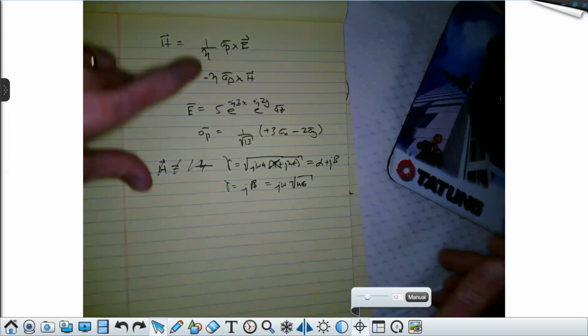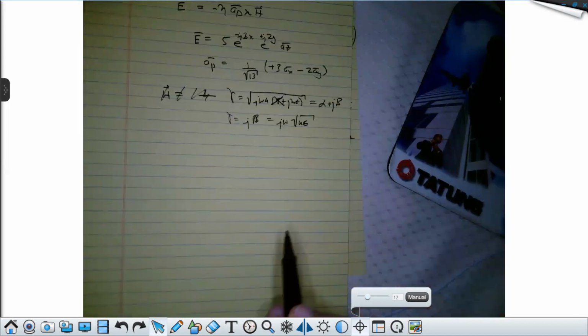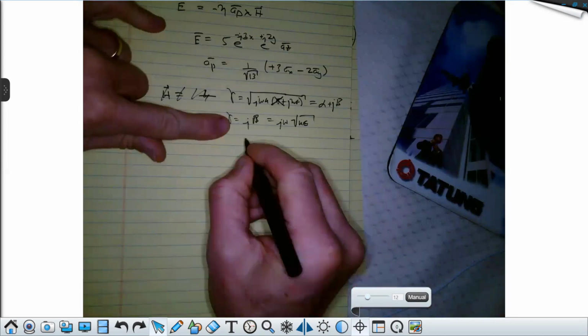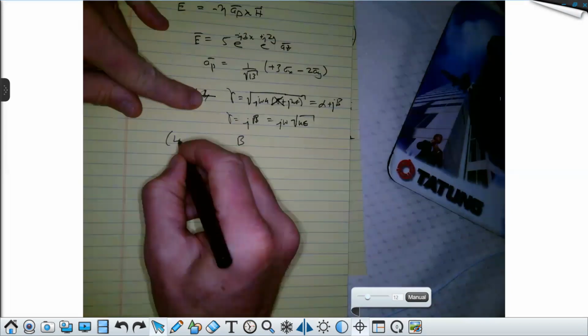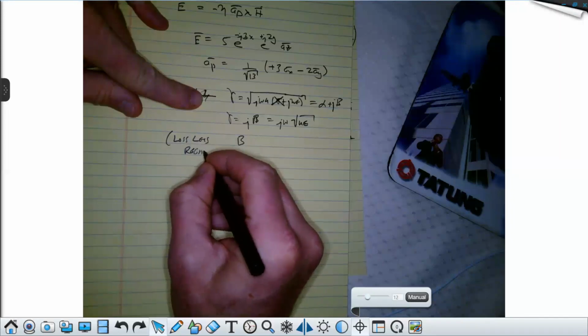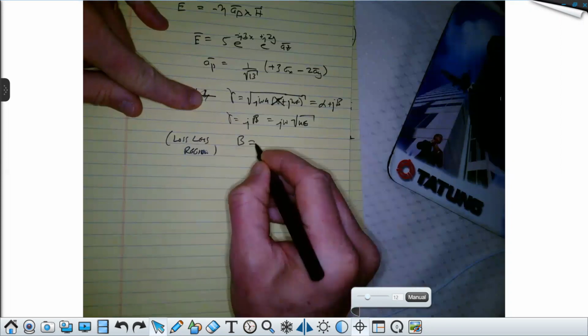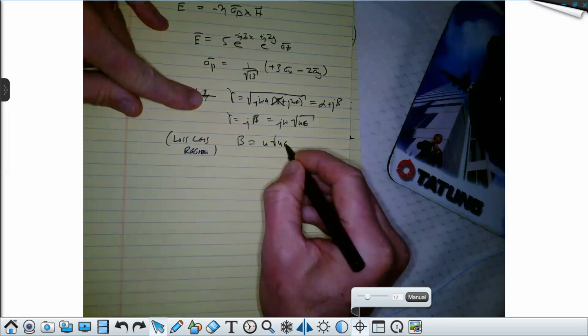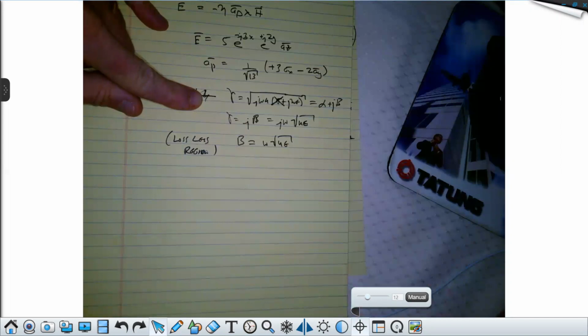This will bother some of you, but hang on there. So if that's the case, then we find out that beta, and write this down, this is for a lossless region, is equal to omega times square root of mu epsilon. Okay?